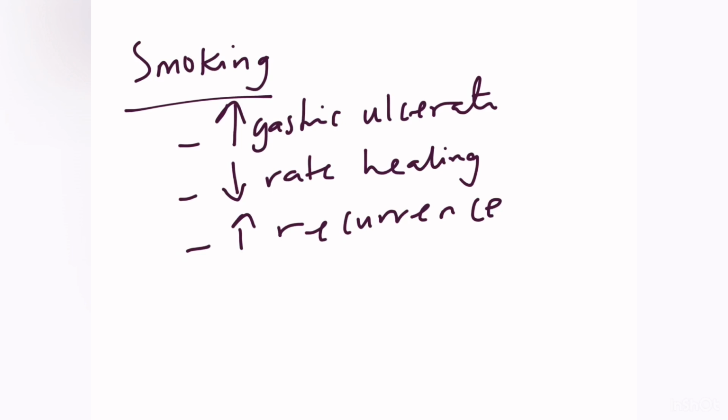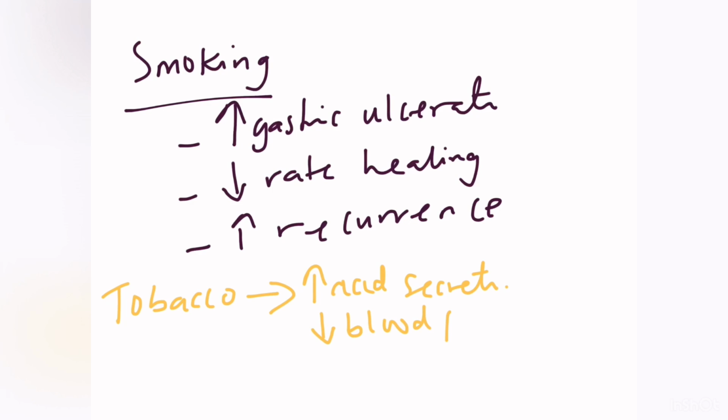Now, smoking, how does it cause this ulcer? Smoking is mainly tobacco. So when you take this tobacco, it will lead to what? Increased acid secretion, and also it will lead to decreased blood flow and decreased prostaglandin synthesis.